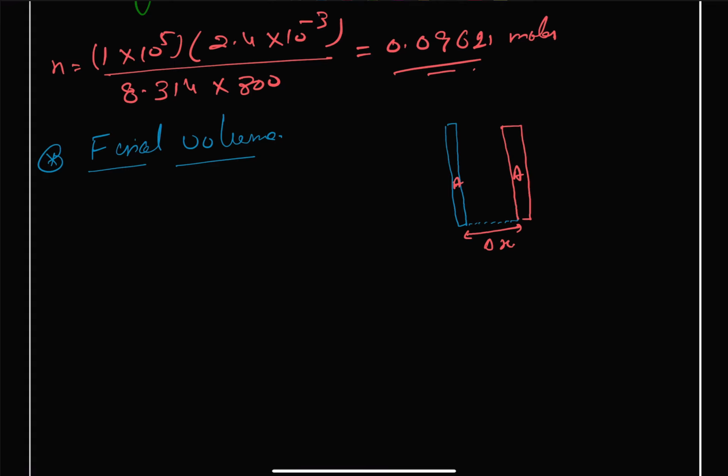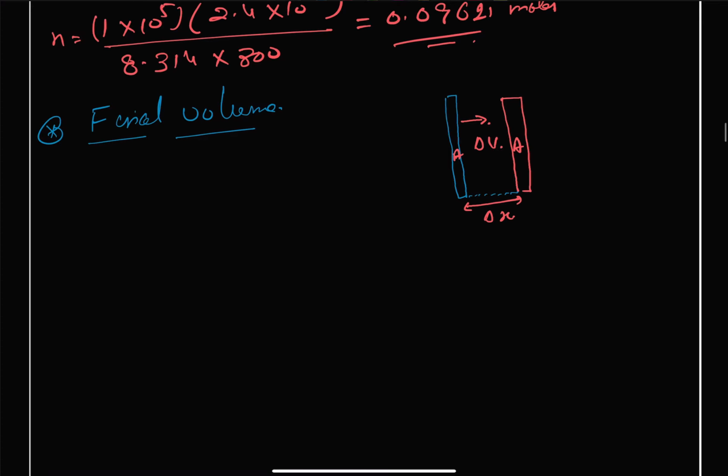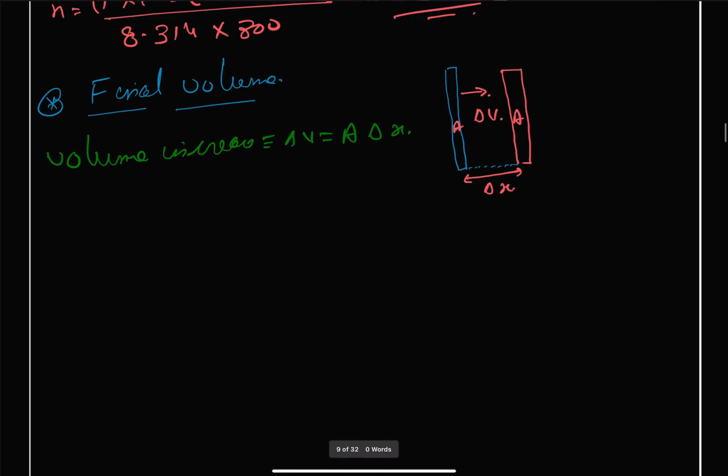And the piston is moving towards the right. Therefore, let us suppose this increase in volume is our delta V. So this delta V will be equal to A times delta x. So we can say the volume increase, that is our delta V, is equal to A times delta x.